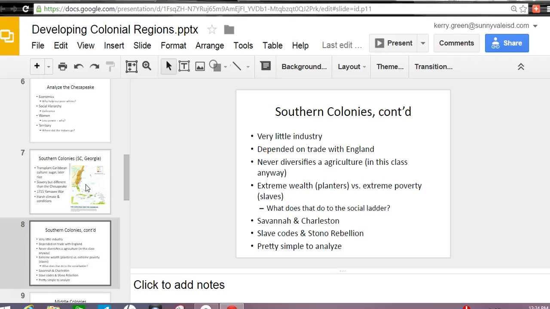The Caribbean had the same issue. Huge group of enslaved people from Africa. And one of the things that they do is they intentionally mix tribal groups to create communication problems. So that's one trick that they use. But eventually those tribes will figure out a way to communicate with each other.